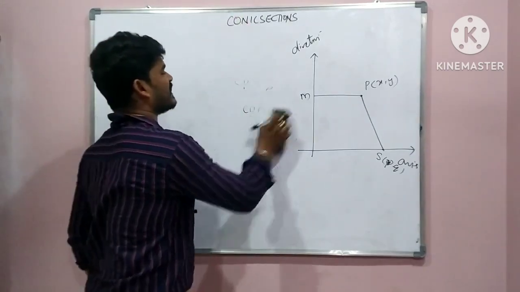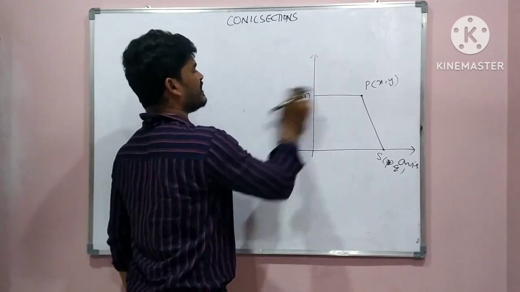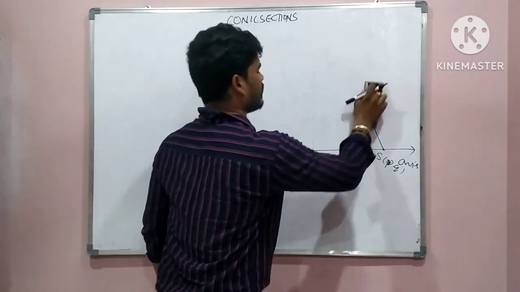Now we will discuss how many types of conic sections there are, one by one.